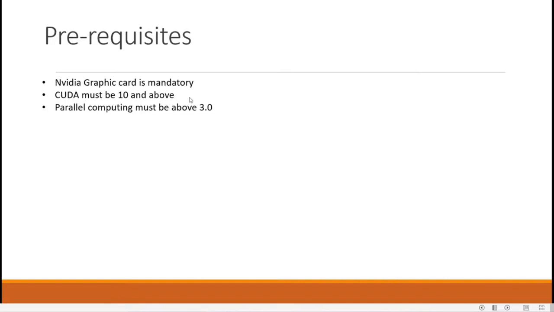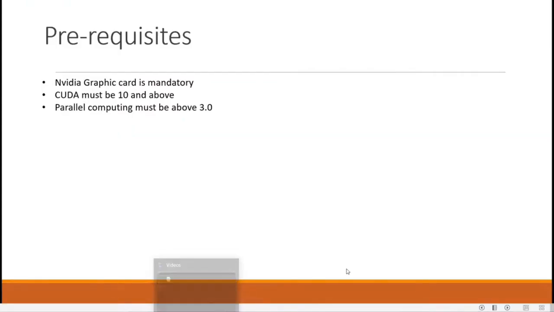I will show you how to check this version later. And third thing is that the parallel computing of your GPU must be above 3. So I will also show you how to check this parallel computing version. These are the most important prerequisites. If you have these prerequisites, then the project will surely run on your machine.